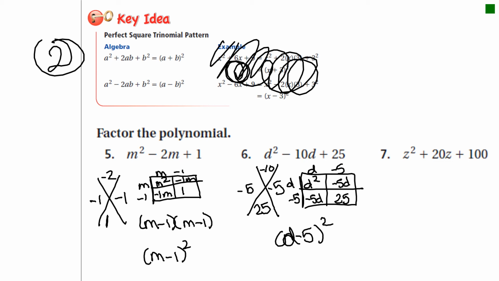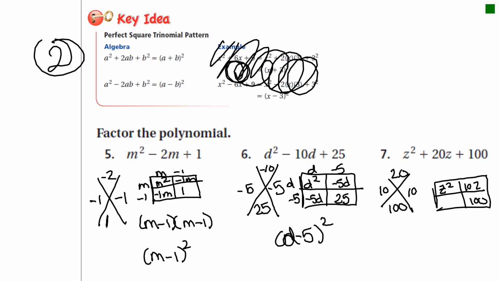All right, 7, last one. We're going to have z squared, 100. What adds up to 20 and multiplies to 100? 10 and 10.